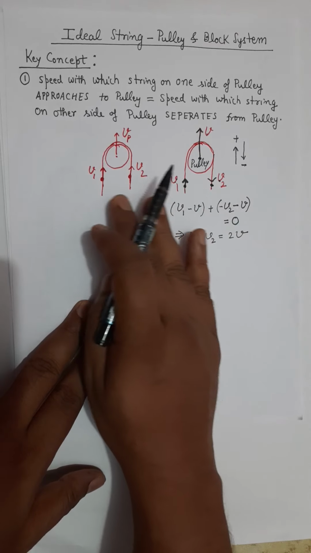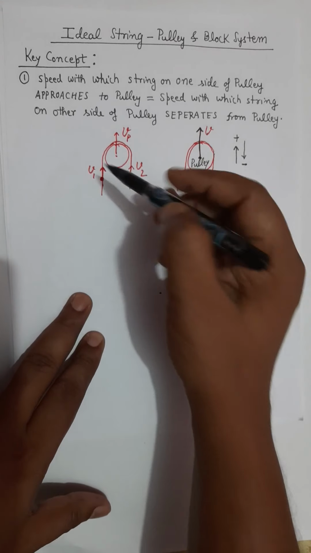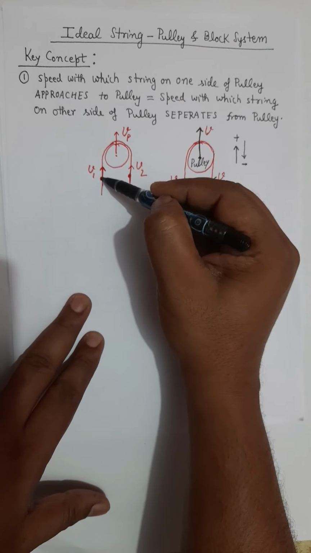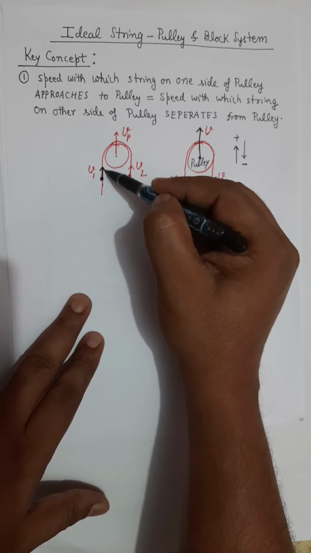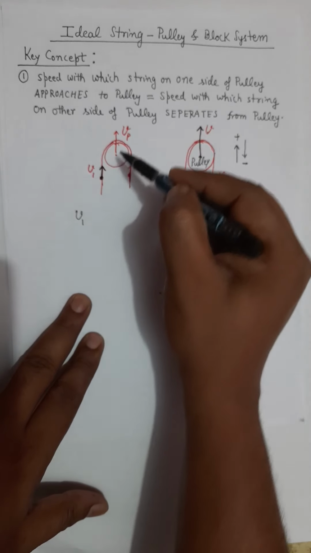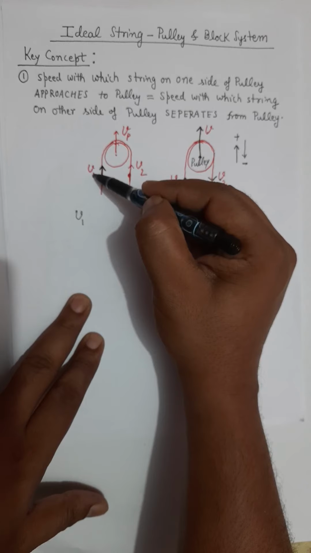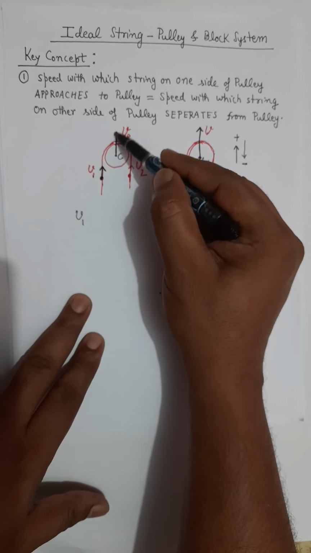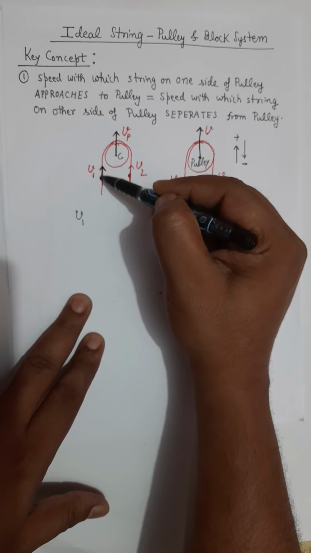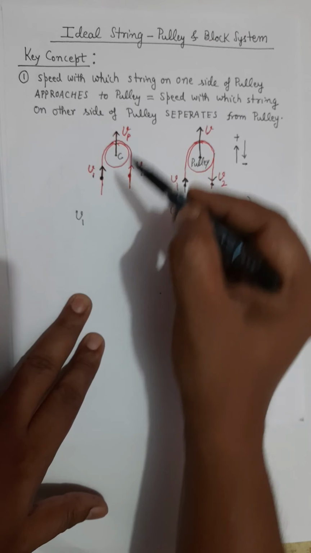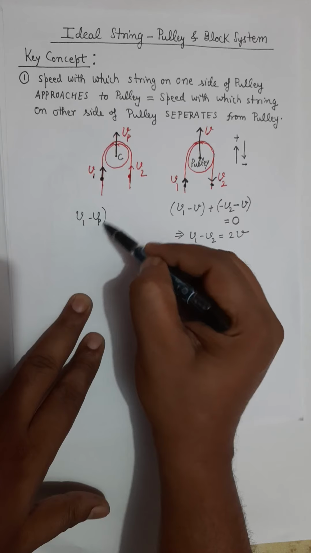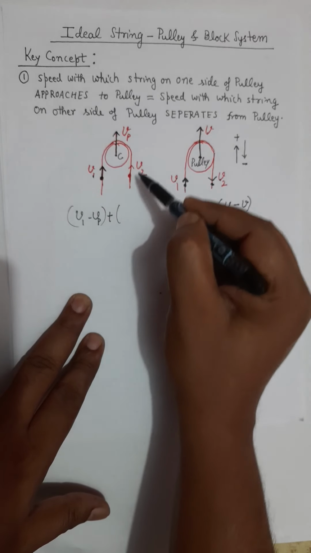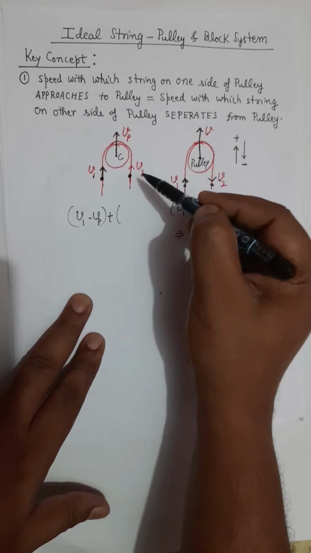If I use this concept in this first diagram, then this point is moving upward with v1 velocity, and when you calculate this velocity relative to the center of the pulley, which is going upward with vp, the relative velocity will be v1 minus vp, plus, now you take the relative velocity on the other side.